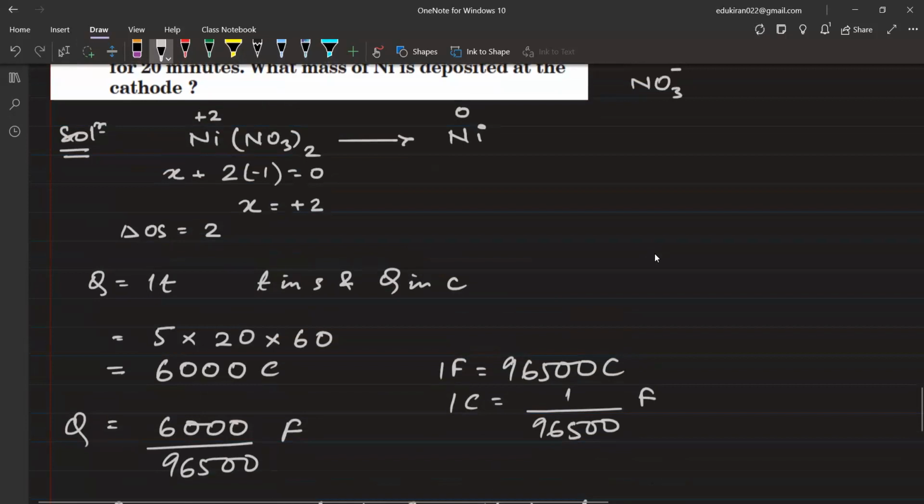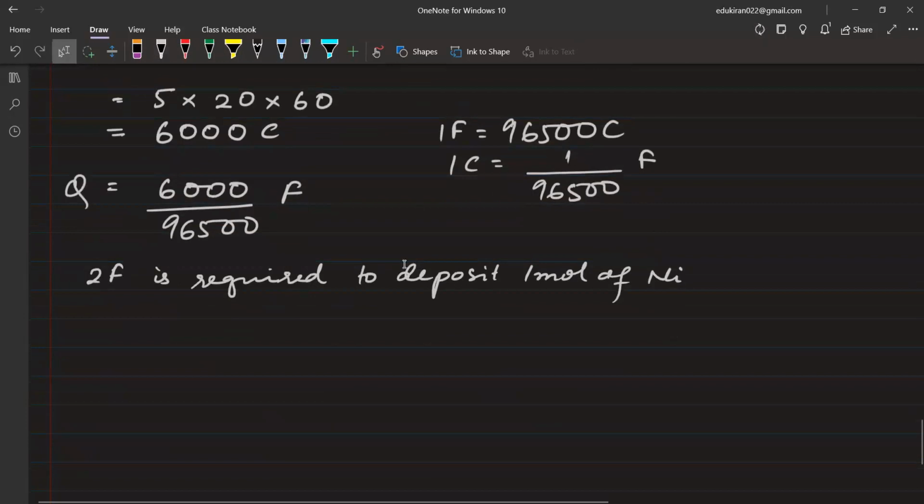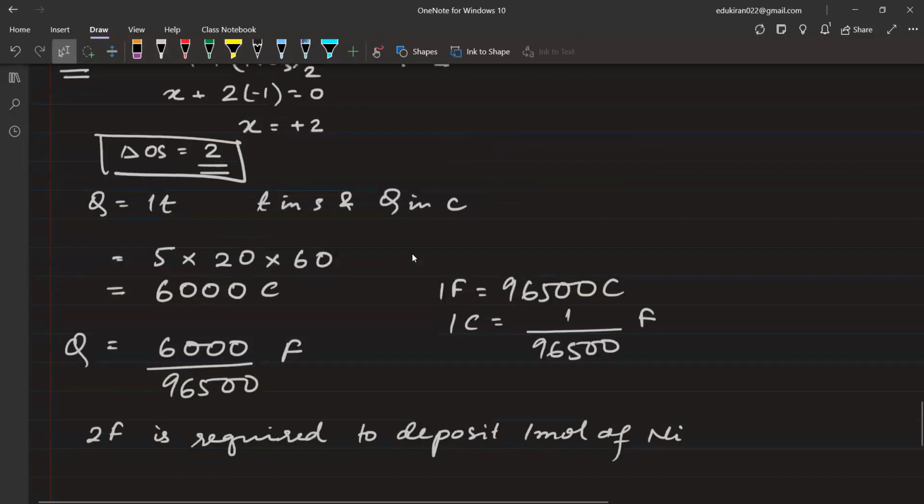Right? For 1 mole of nickel, how much do you need? 2 Faraday. According to this, electrons delta OS. Yes or no? Please tell me, guys. Do all of you understand this statement? 2 Faraday is required to deposit 1 mole of nickel.